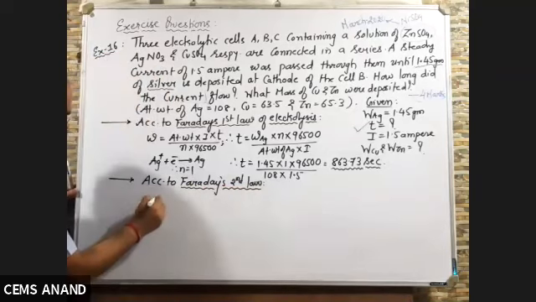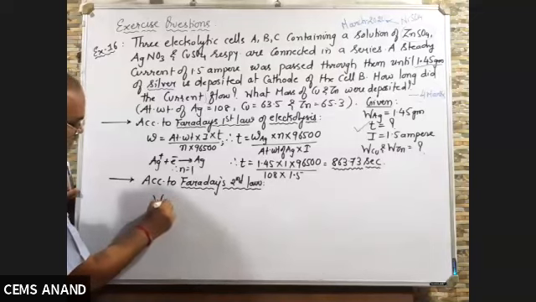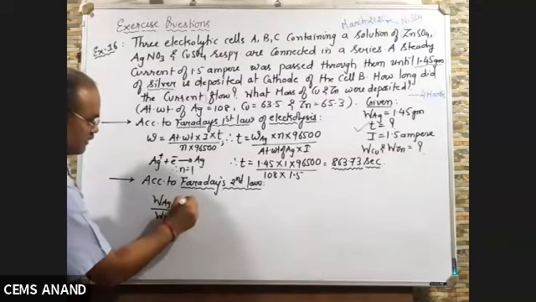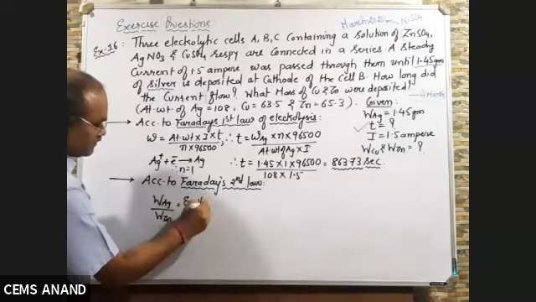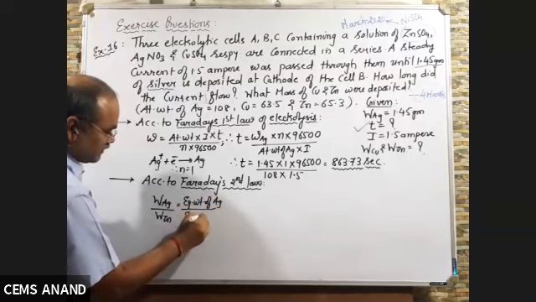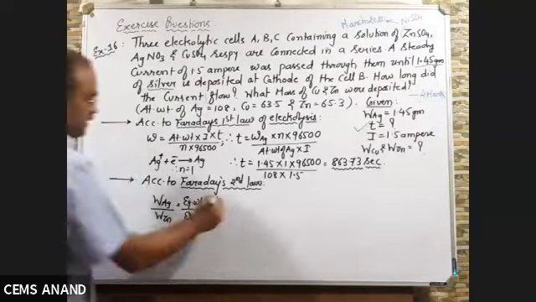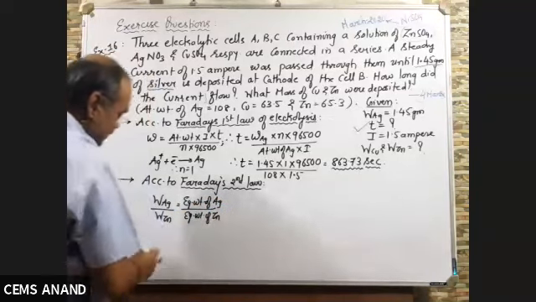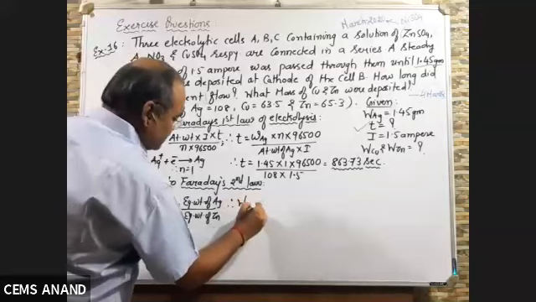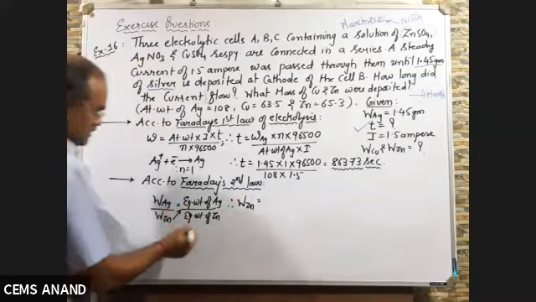Now it's very easy. You know, weight of silver divided by weight of zinc will be equal to equivalent weight of silver divided by equivalent weight of zinc. Use this formula. Therefore, I want weight of zinc. So weight of zinc will be, this will go up, so this will go on this side.